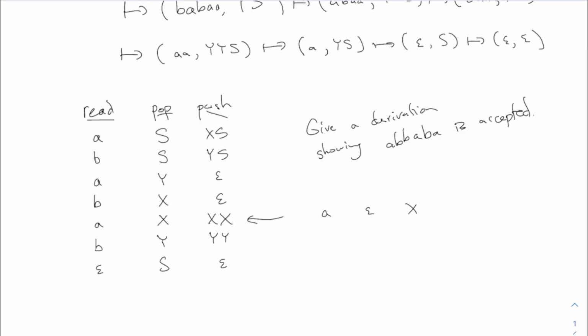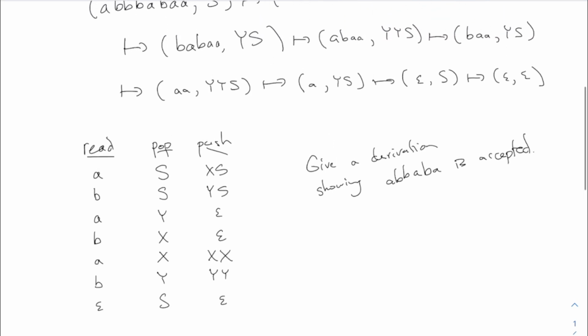All right. See what you think. I'll give you a moment to try it out. You can talk to your friends if you like. So, a derivation in the style that I wrote at the top there. You should begin with ABBABA, comma, S, and then do the rules one at a time. If you like, you can give them numbers.